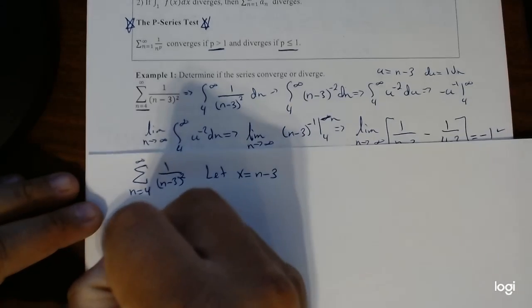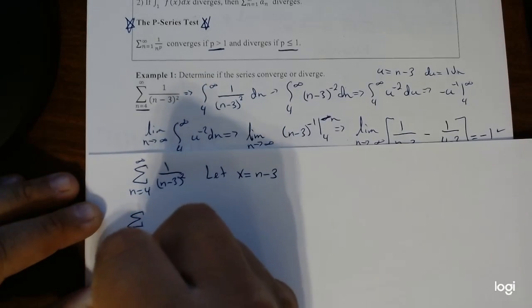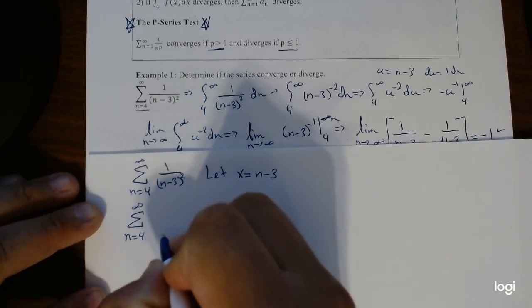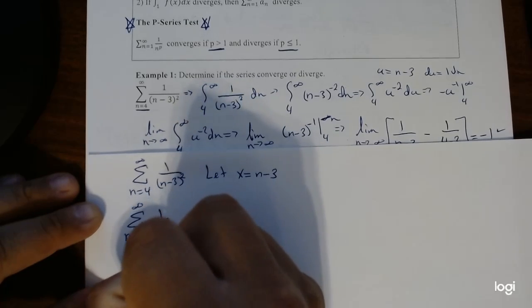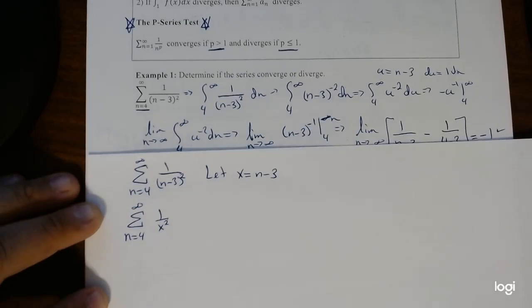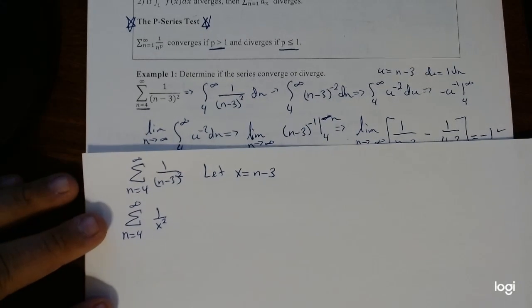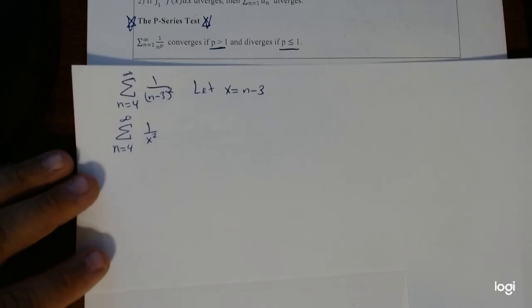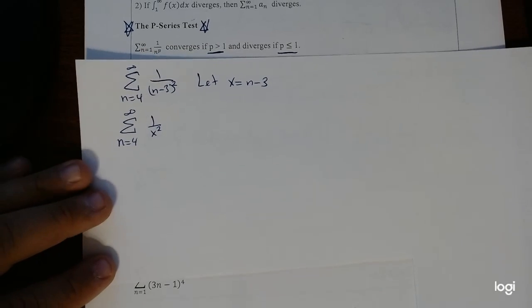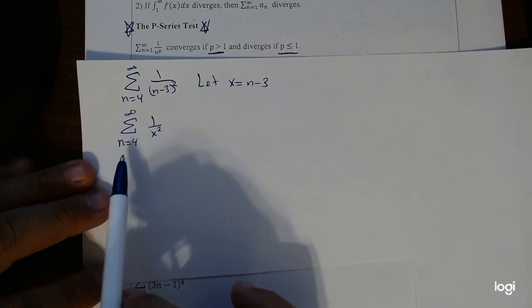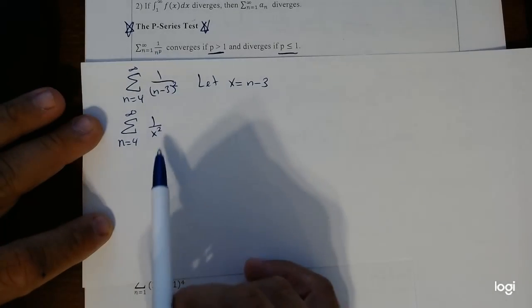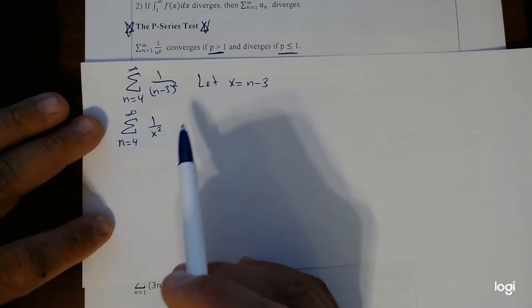So this is now the sum of n equaling 4 to infinity of 1 over x squared, right? Because I just substituted that in. Well, notice that is the exact form of what we have here, 1 over n to the p. In this case, n is the x value.